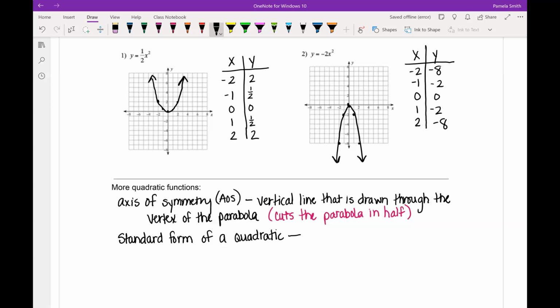The standard form of a quadratic is y equals ax squared plus bx plus c. Now, we will deal more with that form when we get to Unit 3. We deal with it a little bit in Unit 2, but standard form is more Unit 3. The form that we're going to spend some time on in this unit is called the vertex form of a quadratic.